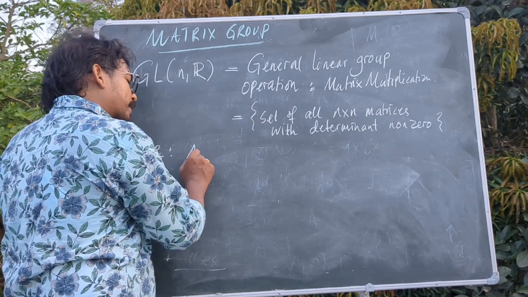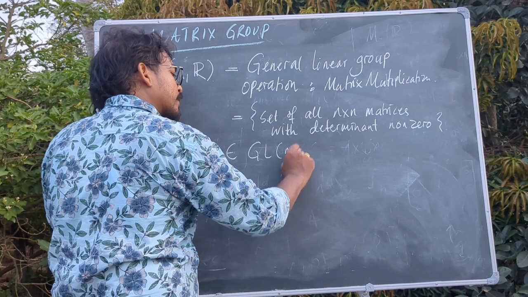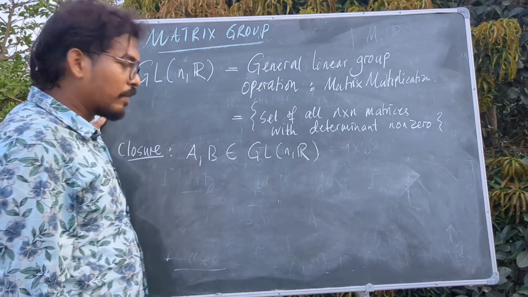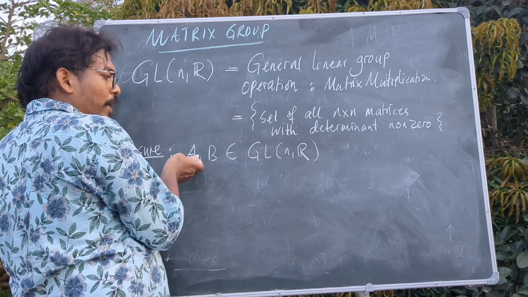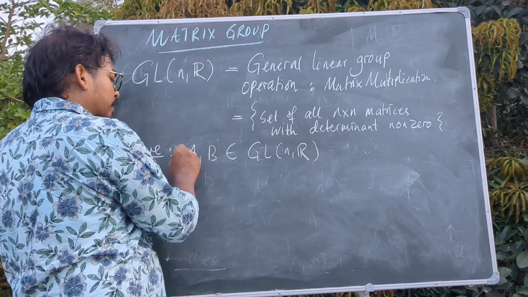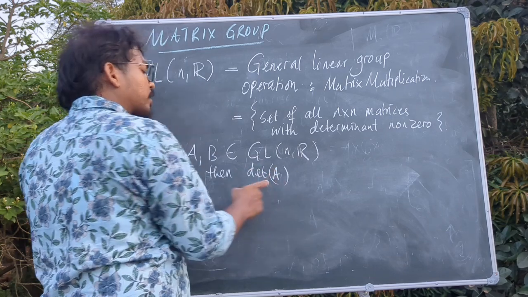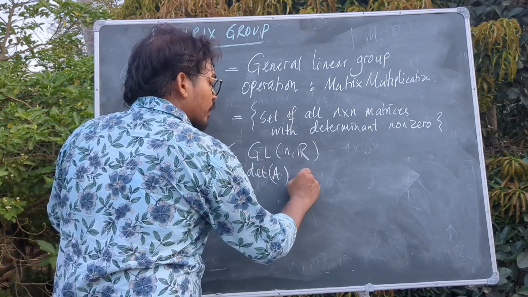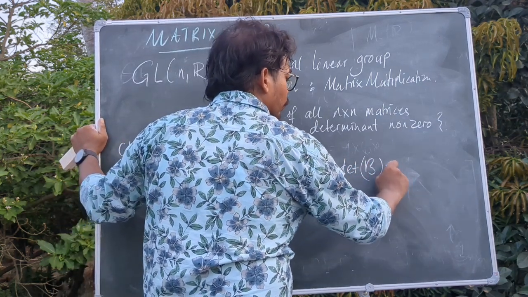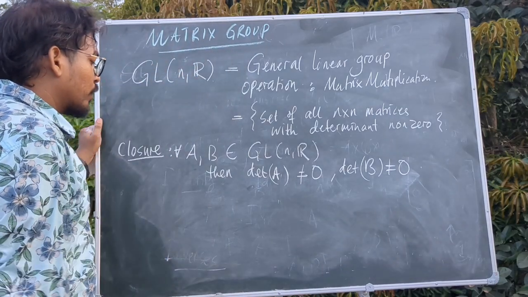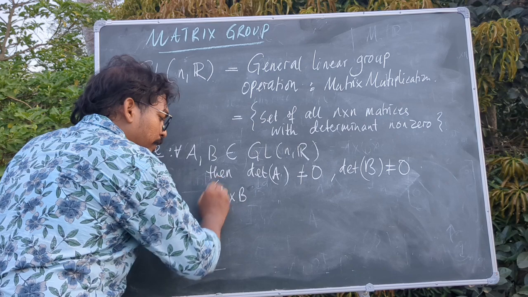For any two matrices belonging to GL(n, R), suppose A and B, two matrices belong to this set, then we have the determinant of A is non-zero, and the determinant of B is also non-zero. So what about the product A times B, its determinant?